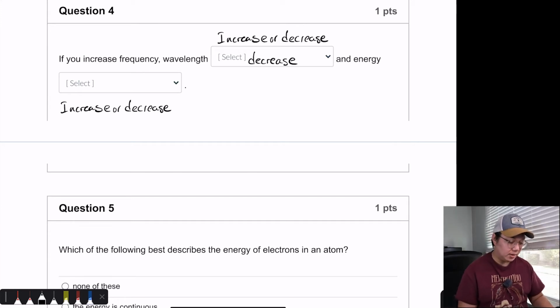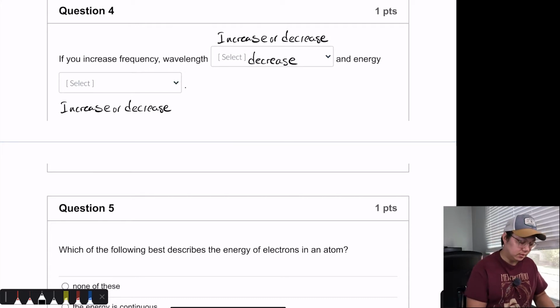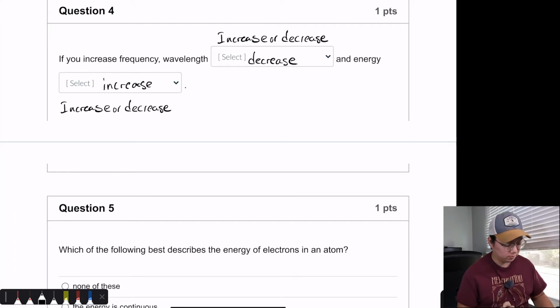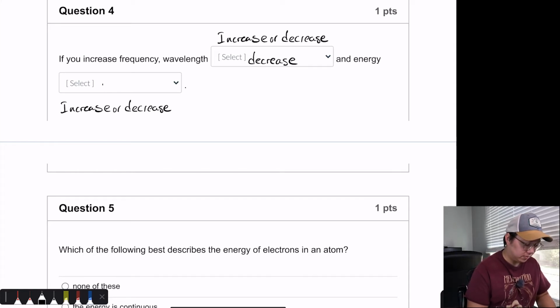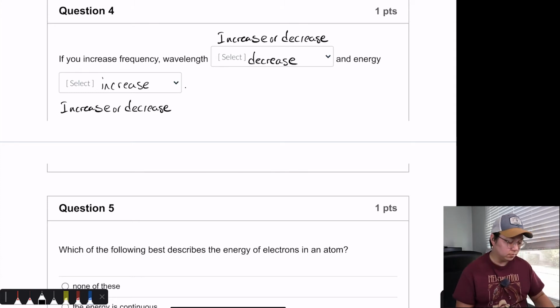And then if we increase frequency, wavelength decreases and energy increases. Man, I wrote that so poorly it's hard to read. So it'll increase as well.